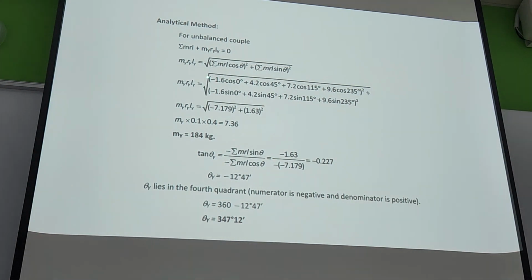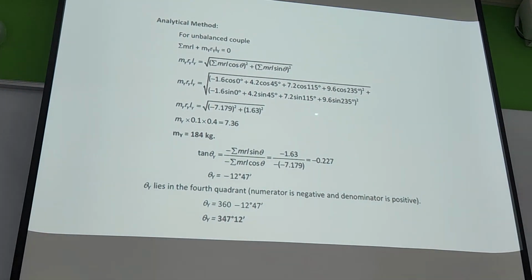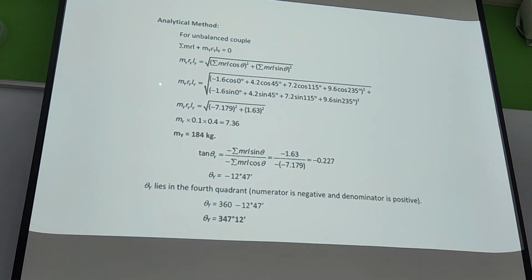The first one is all X terms, the second one all Y terms. The sum of this should equal MY RY LY. LY is known, RY is known, therefore you can calculate MY. So the correction mass on plane Y should be 184 kilograms.